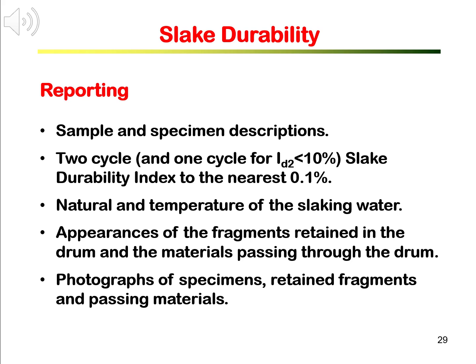The report certainly will present the recorded measurements taken during the test and the computed 2-cycle durability index to the nearest 0.1%. If the 2-cycle durability index from a test is lower than 10%, you also need to calculate and report the 1-cycle durability index to the nearest 0.1%.